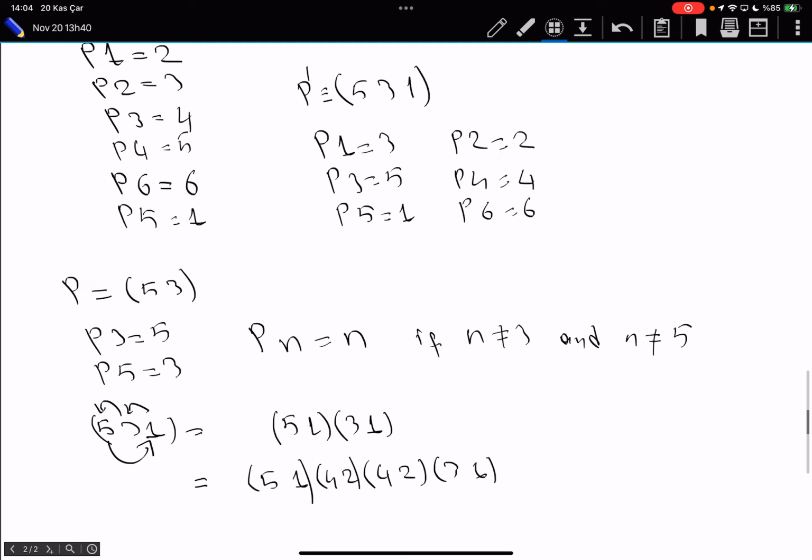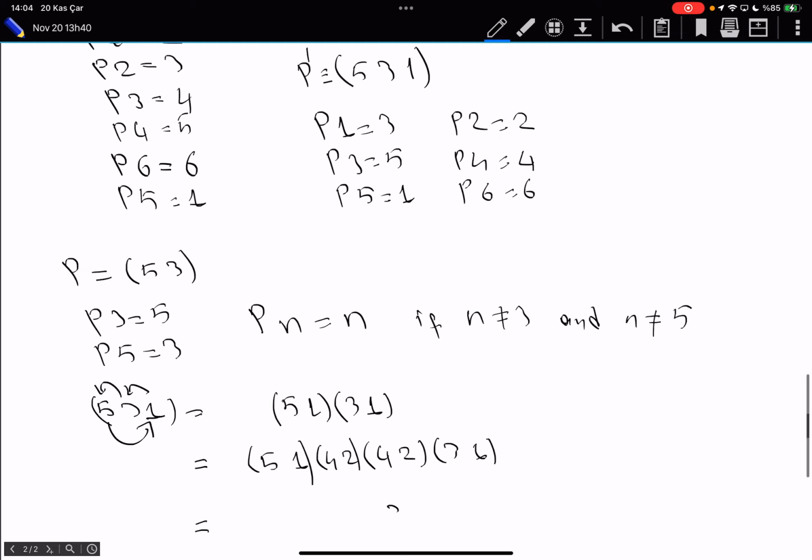Another thing would be, for example, 3 will be a 5. If I give it a 5, it will be 3, 1. This is also the same permutation. It can look different. The number of exchanges can be different. But what will remain the same is that the number of exchanges required to write a given permutation will always remain either even or odd.